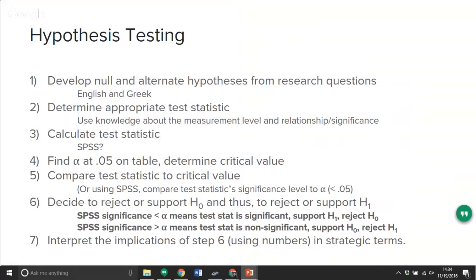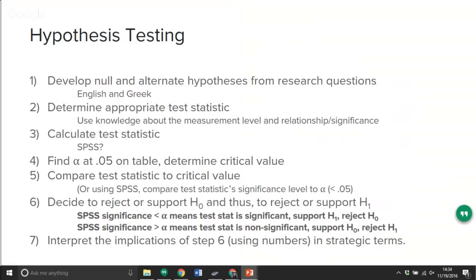And rather than having to go to a table like we used to do, where we would set alpha, a level of significance for setting type 1 error, then find alpha on a table, determine the critical value, and compare the test statistic to the critical value, testing in SPSS, and other stat software, but we're using SPSS, allows us to get the p-value. It makes it easier because rather than having to find a critical value, we can just use that as a significance level and compare it to the significance level that we are accepting.